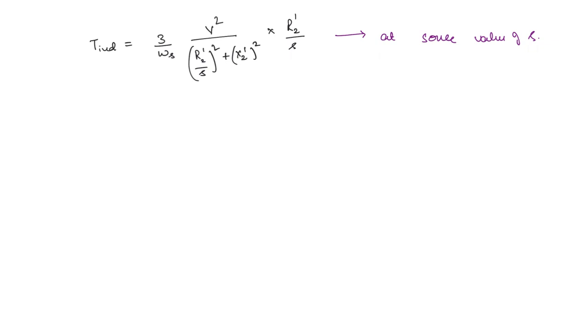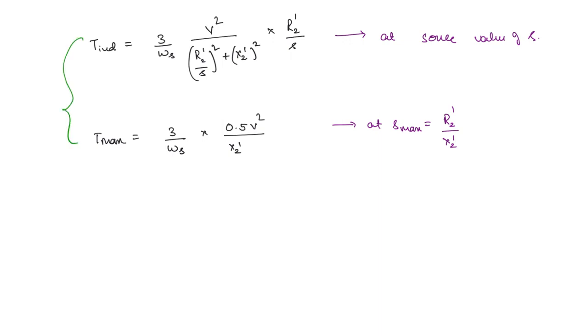Now, what is the maximum torque expression? This is equal to 3 by omega S into 0.5 V square by X2 dash. This is at S max equal to R2 dash by X2 dash.